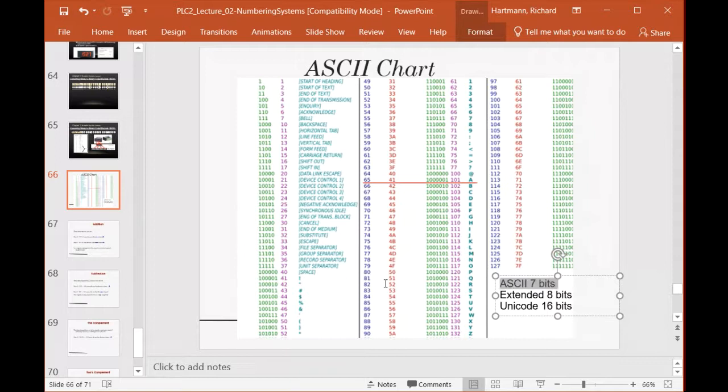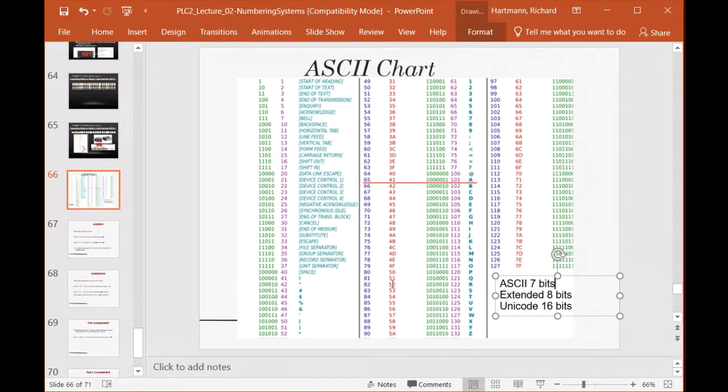So after it got reliable enough, they said we can actually extend this and use all 8 bits in the code instead of sending the parity bit. And by doing that, they were able to incorporate all the Greek letters, because you get another 128 possibilities.